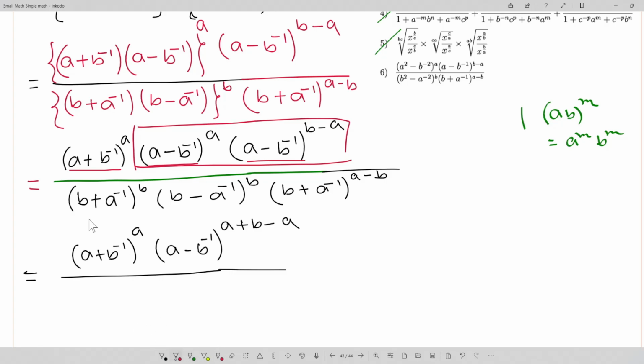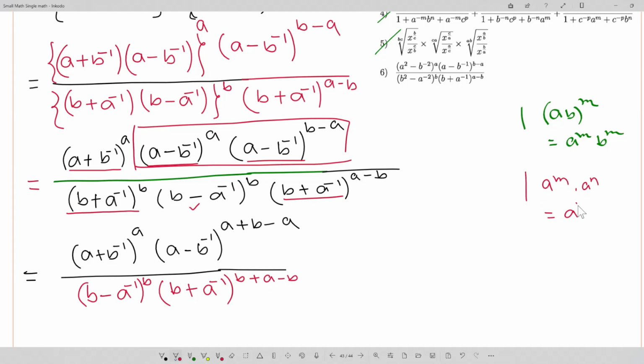And look, here (b + a⁻¹)^b, and here (b + a⁻¹)^(a−b). So b plus a to the power minus 1 is the base. In this case we can write (b − a⁻¹)^b. It means this one will be unchanged, and here (b + a⁻¹) to the power b plus a minus b, because we know a^m times a^n means a^(m+n).